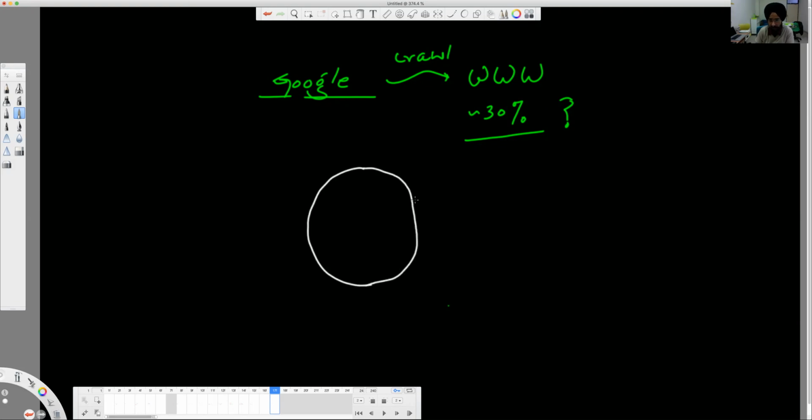This is what we call a bow tie structure. It's notional only, it doesn't mean that the network looks like this. Now, there would be some components, let's say this is the giant component. This whole thing is the giant component. These are not nodes, this is the large scale structure, which means nodes are here, connected with each other. I'm not showing the links right now.